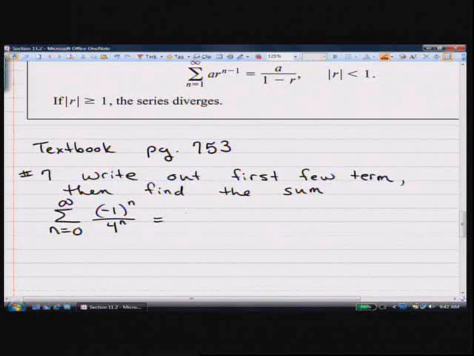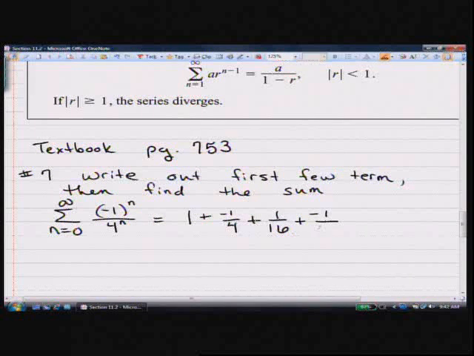We can write this as, when n is 0, that's just going to be 1, right? When n is 1, we're going to get -1/4. When n is 2, we're going to get +1/16. When n is 3, we will get -1/64, since 4 cubed is 64. Okay, so that is our pattern.